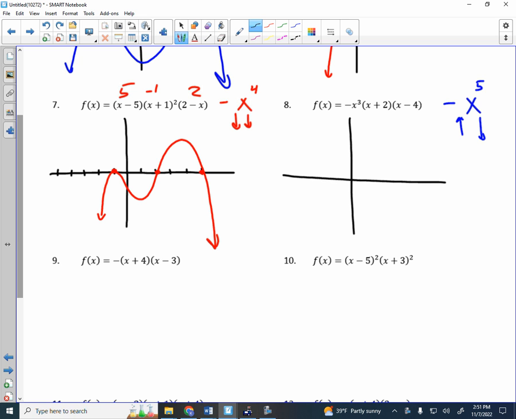What are the 3 values it goes through? Good. 0, 0, 0, and then -2 and +4. See if you can draw it.